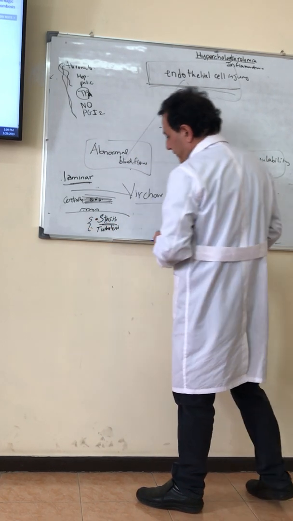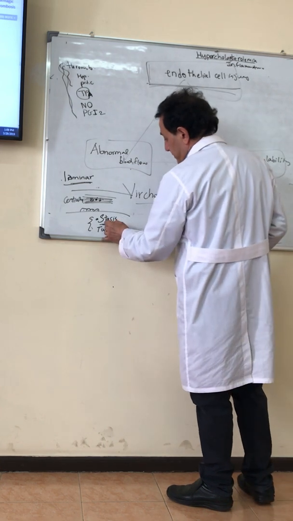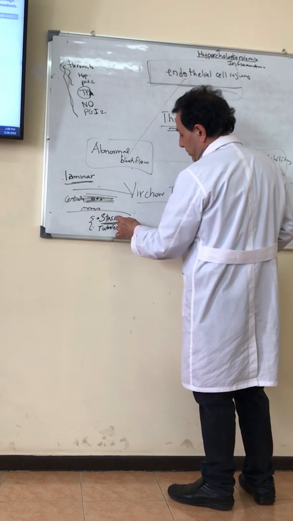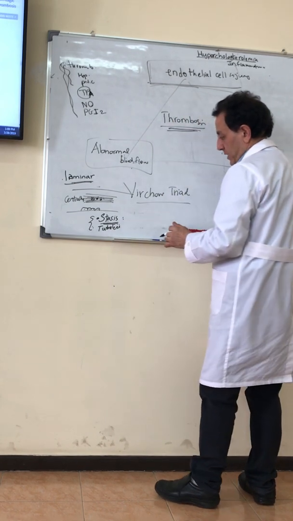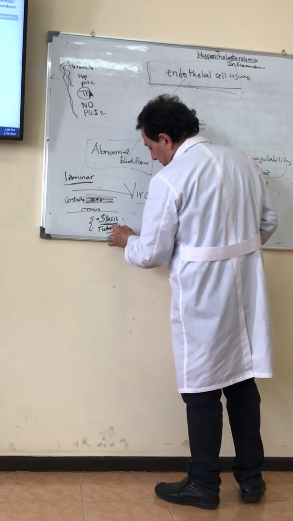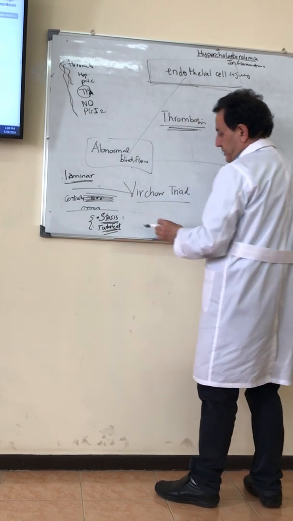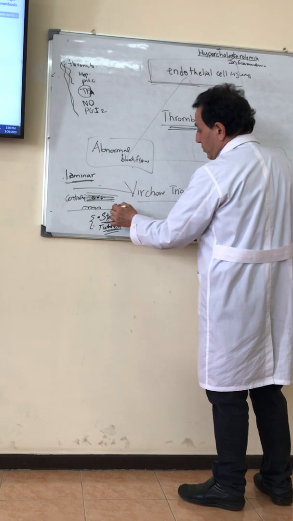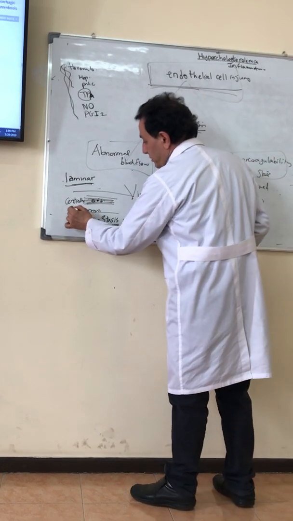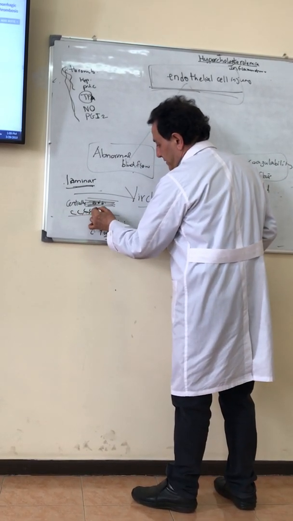So two types of abnormal blood flow are stasis, which means that the blood flow stops at some areas or is very slow, and turbulent blood flow, which means that the blood flow is stronger than normal and it's near the cells.